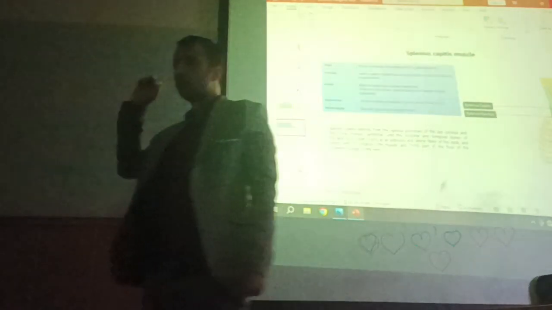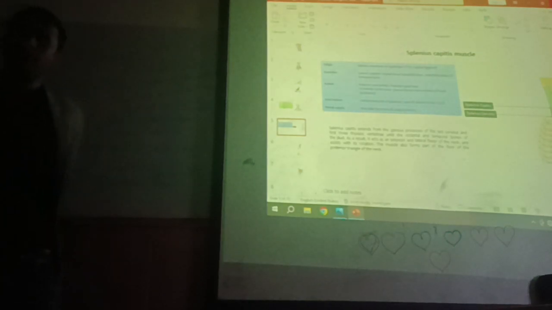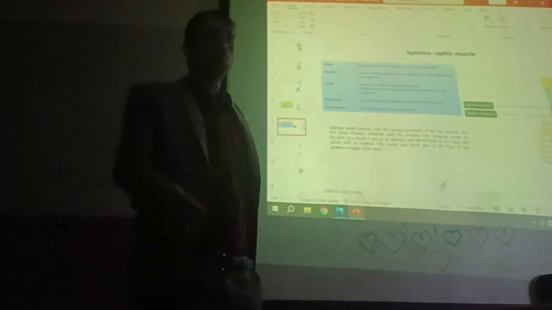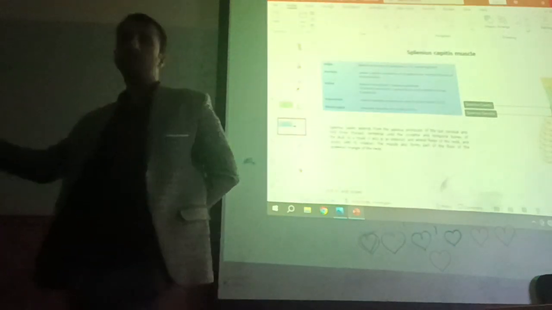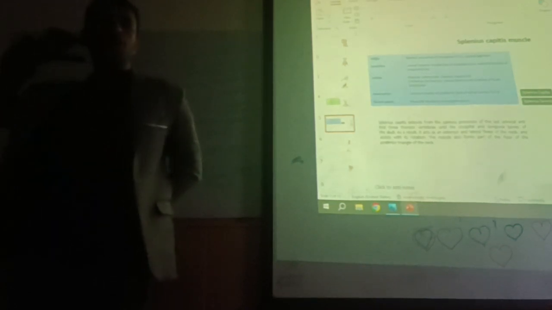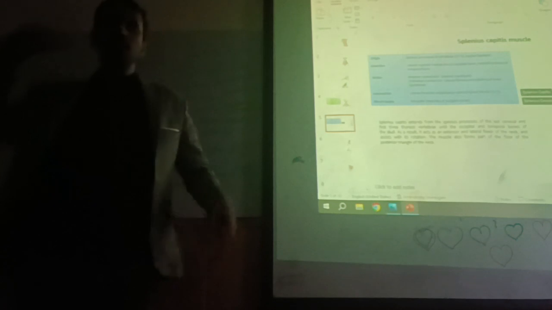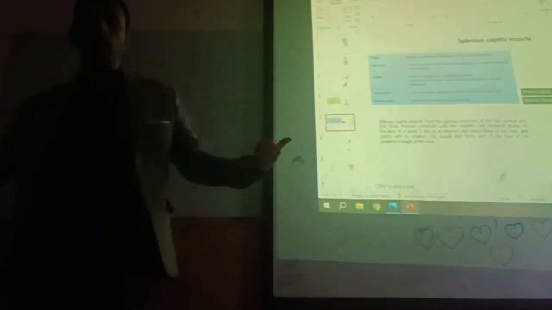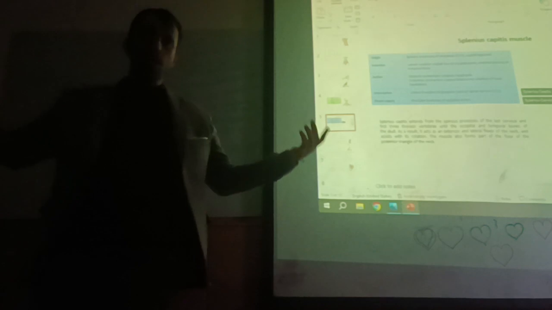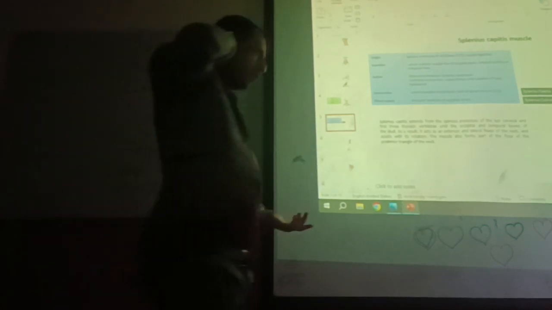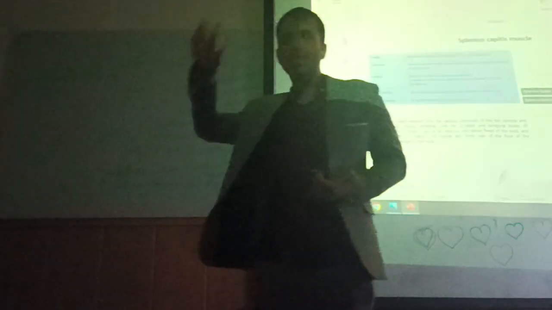As you know, the muscles of the back are divided into intrinsic and extrinsic muscles. Intrinsic muscles are innervated by the posterior rami of the spinal nerves. Extrinsic muscles are innervated by the anterior rami of the spinal nerves. So, splenius capitis is innervated by the posterior ramus of the spinal nerves from this area, C2, C3, C4.